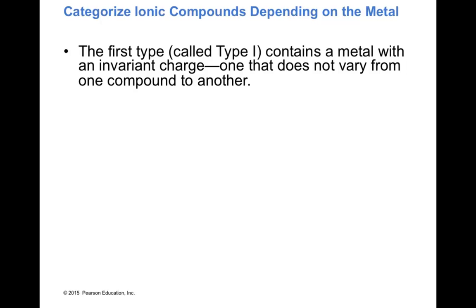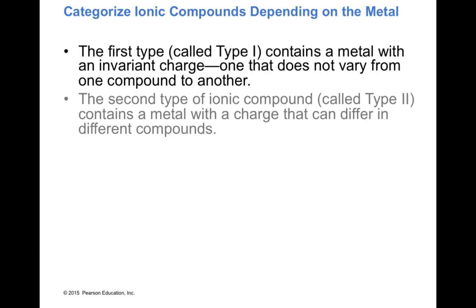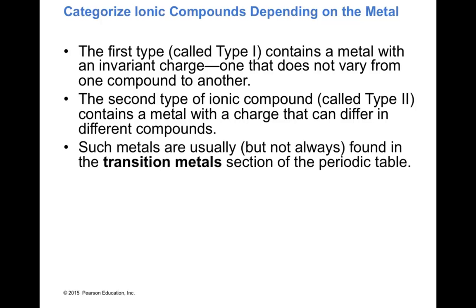The first type is called type 1 and contains a metal with an invariant charge, one that does not vary from one compound to another. The second type of ionic compound is called type 2 and contains a metal with a charge that can differ in different compounds. Such metals are usually but not always found in the transition metals section of the periodic table.